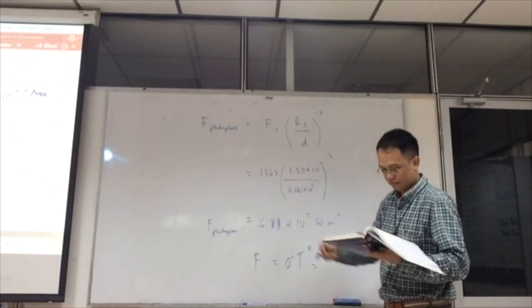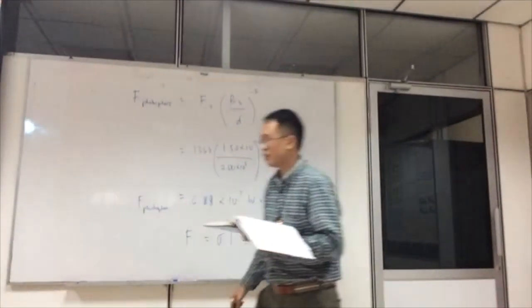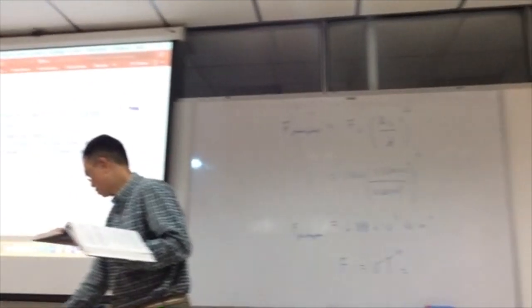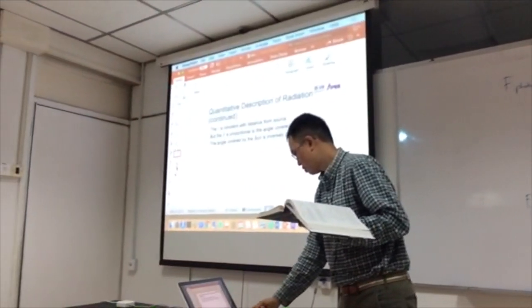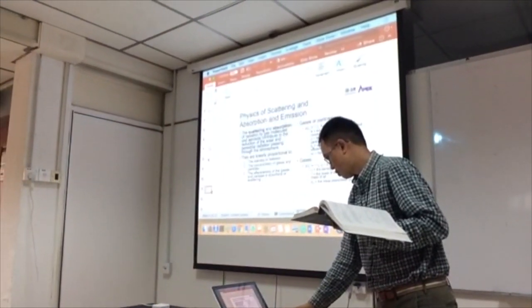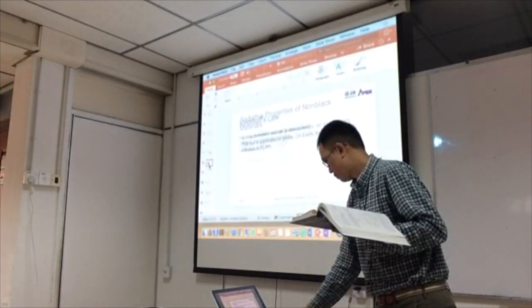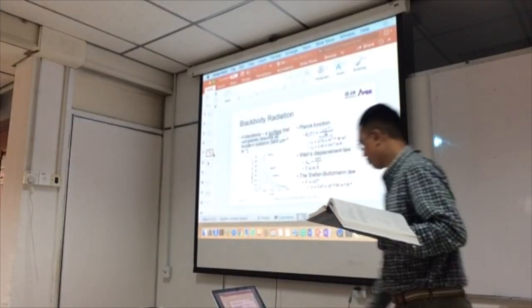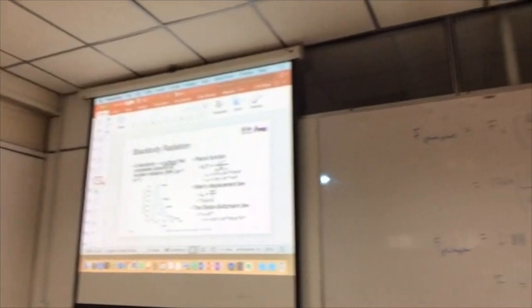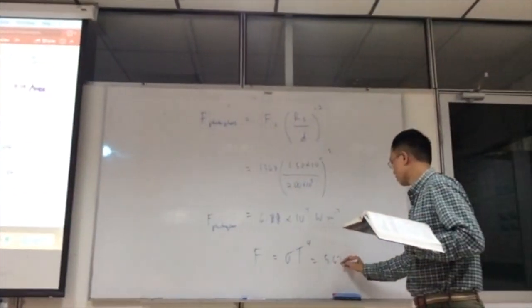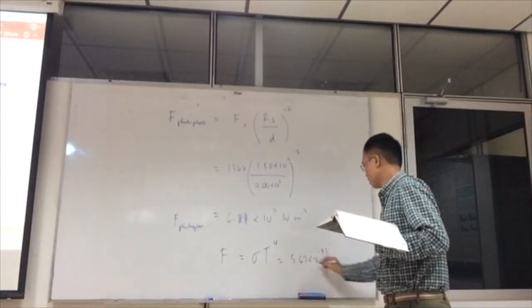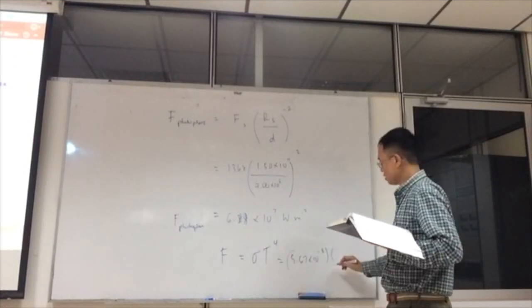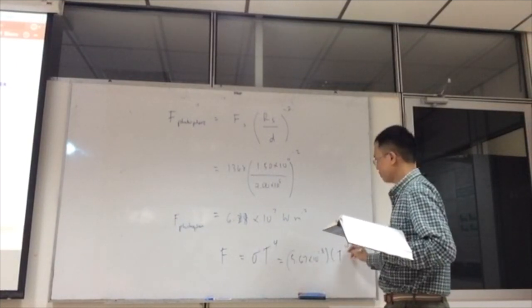Sigma is that constant value, 5.67 times 10 to the power of -8. And then the temperature is what you want to calculate.